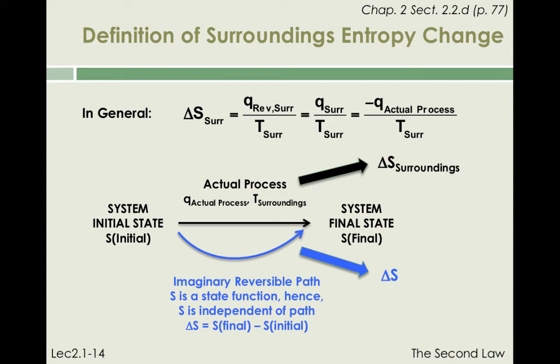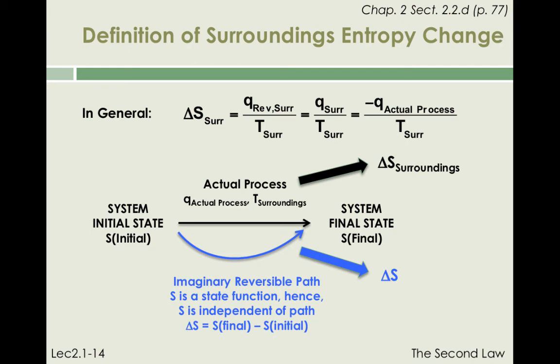Calculation of delta S for the surroundings is much simpler because the surroundings are so large that transfer of heat into or out of the surroundings does not change their temperature, and the process of heat exchange with the surroundings can be considered to be reversible. So we can write the change in entropy for the surroundings as Q surroundings divided by T surroundings, the temperature of the surroundings.